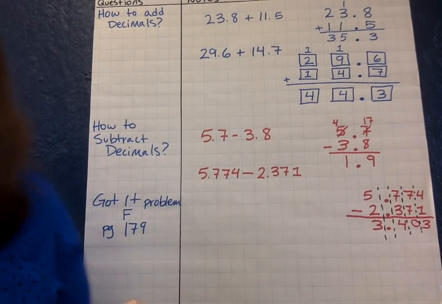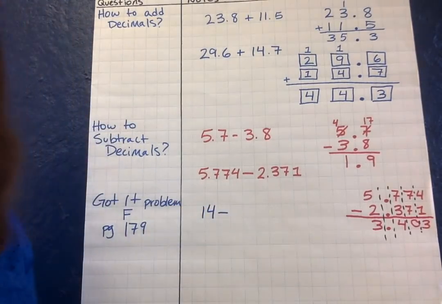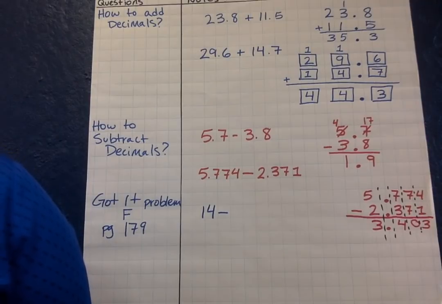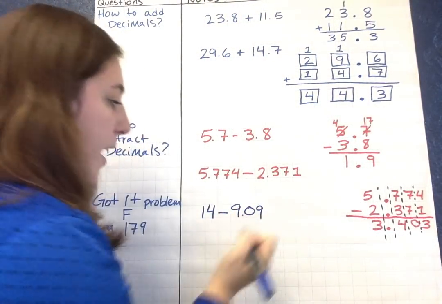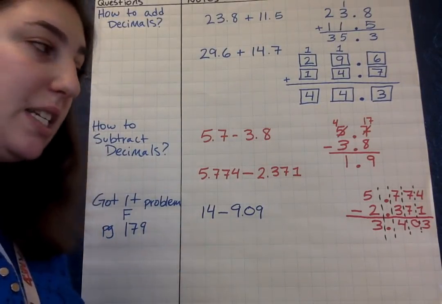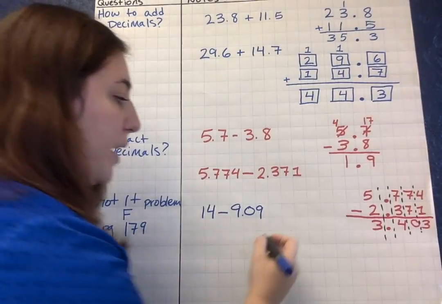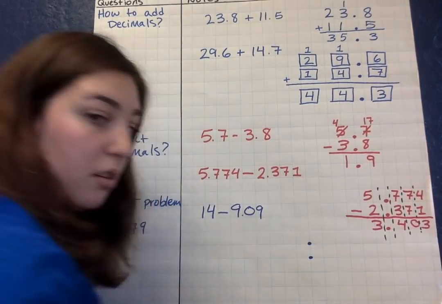So got it, problem F is 14 minus 9.09. So you might be thinking there's no decimal here, but there is a decimal, okay? So if I rearrange this, I'm going to put my decimals right here and right here.